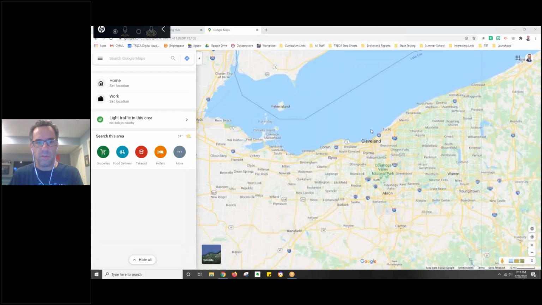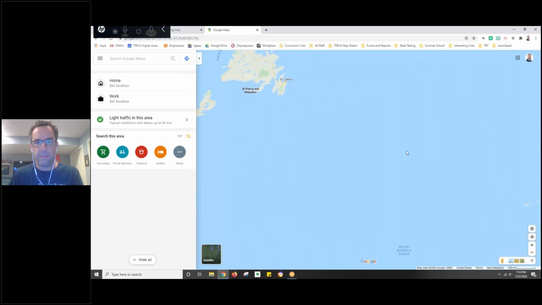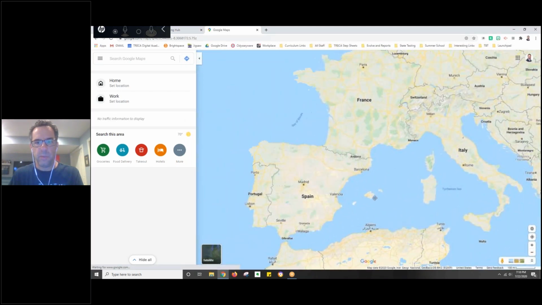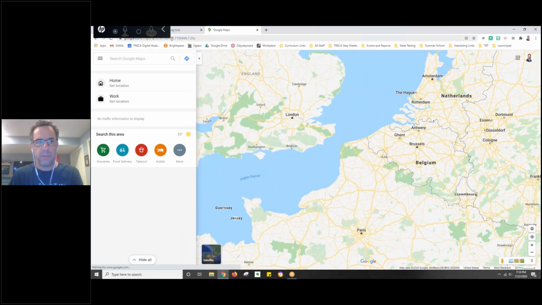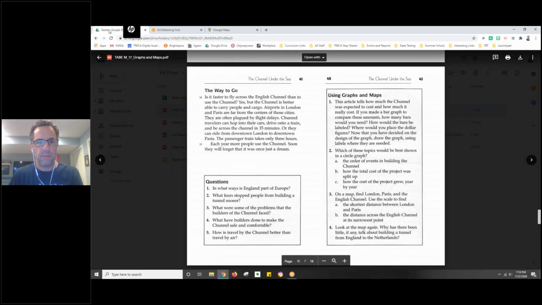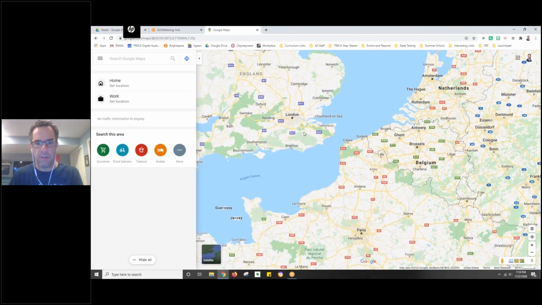And it said for us to go to, if we scroll over to London. So this said London, Paris, and the English Channel. Use the scale to find the shortest distance between London and Paris.